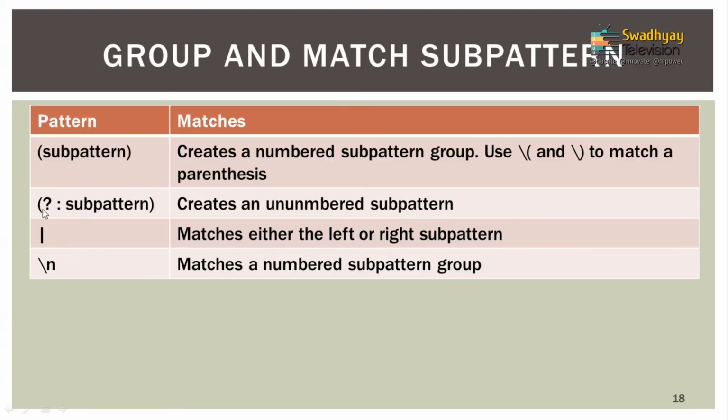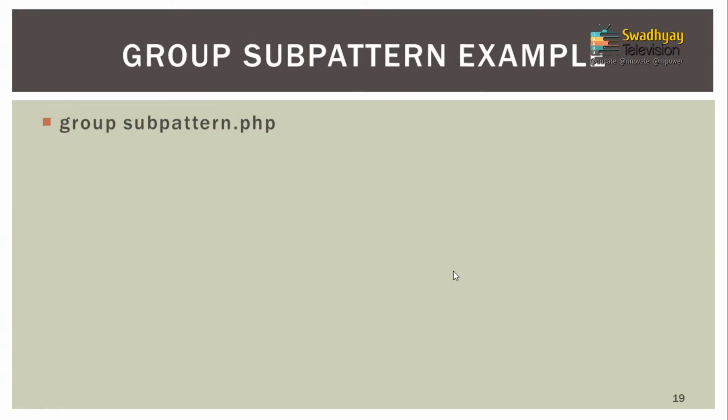You can write question mark colon sub pattern, which creates an unnumbered sub pattern. You can use pipe symbol, which can be used to match either-or condition. So either the left hand side of any pattern, or after pipe symbol any right hand side of pattern. And slash and match is a sub pattern group.